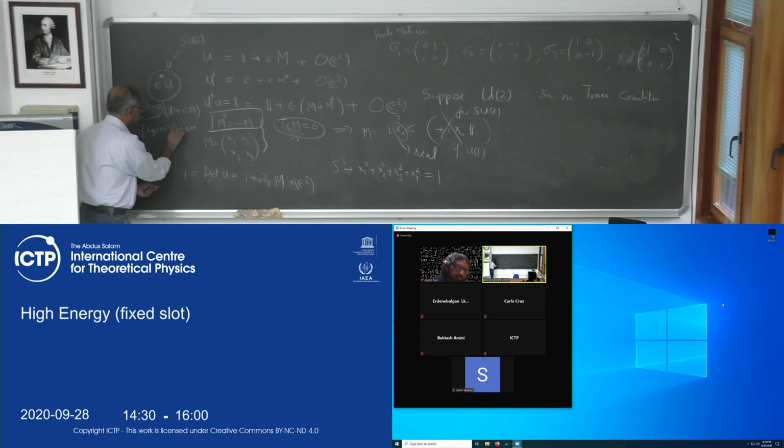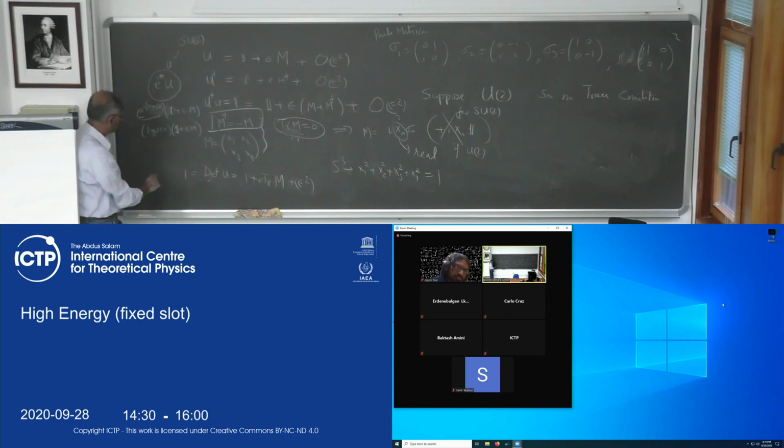I always write two lines to indicate that it's a matrix identity, no? Not the number 1, just to distinguish between them. But sometimes I forget. So if you now open this up, this is a number, and you're multiplying this number to this, where both are matrices.